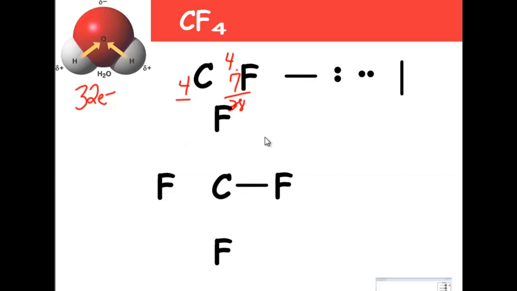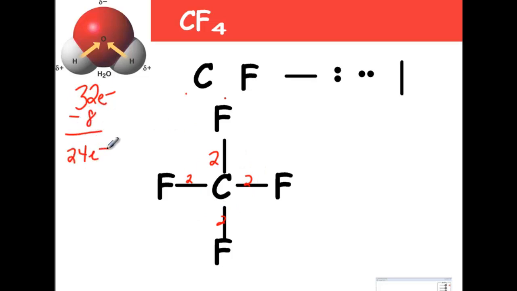And then the next rule is to connect all of those guys with a single bond. Now remember, a single bond represents 2 electrons. So if we tally up the electrons, we've got 2, 2, 2, and 2, 2, 4, 6, 8. So 32 minus 8 leaves us with 24 electrons. Now the next rule is give all the outer guys an octet.